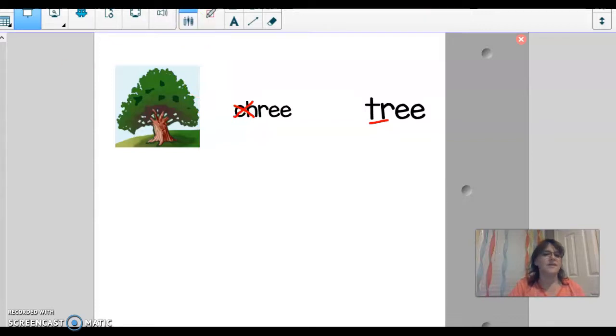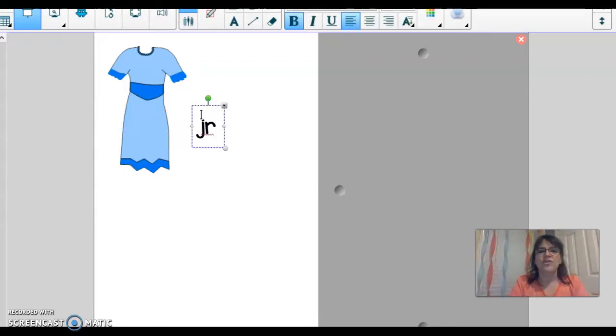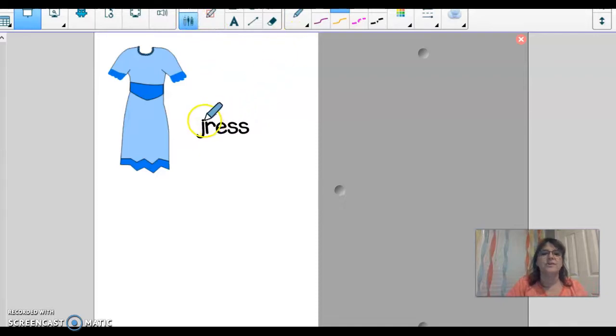Well, let's take a look at the next tricky one. What is this? It's a dress. You're right, dress. And when kids write the word dress, this is how they usually sound it out, J-R-S, dress. But unfortunately, there is no J in dress.